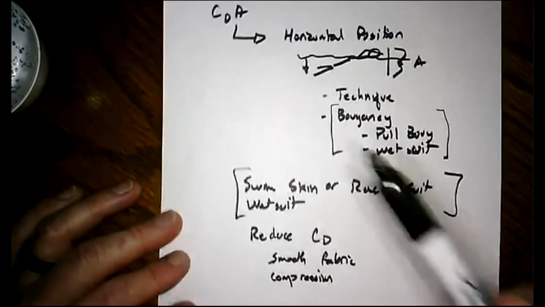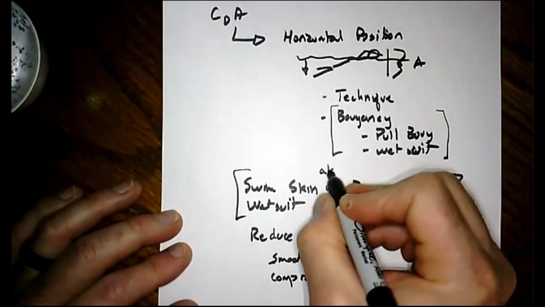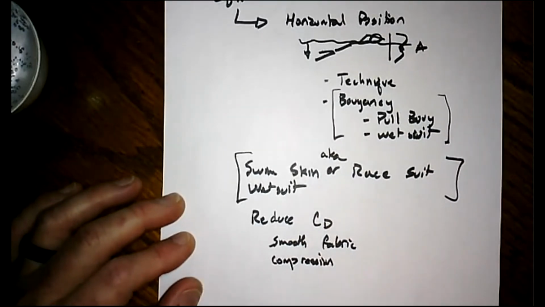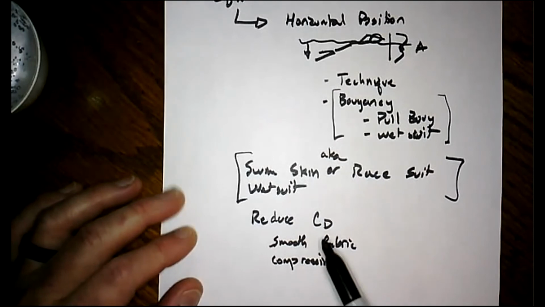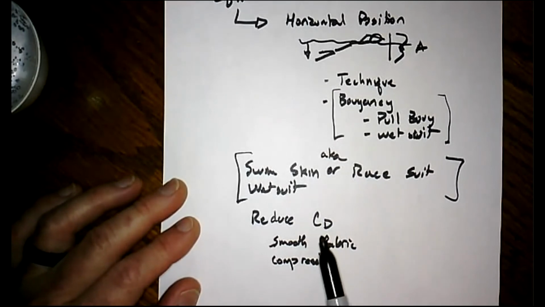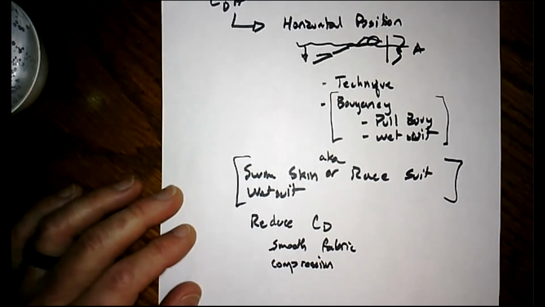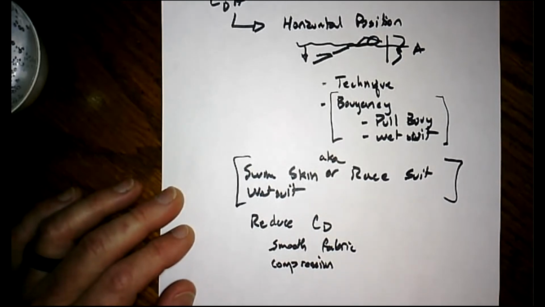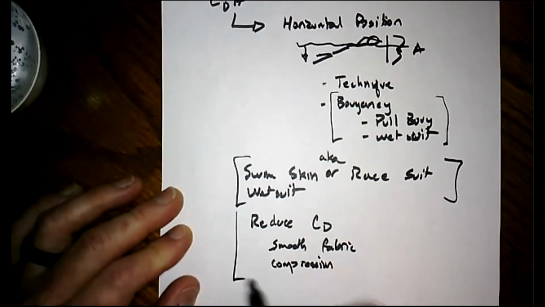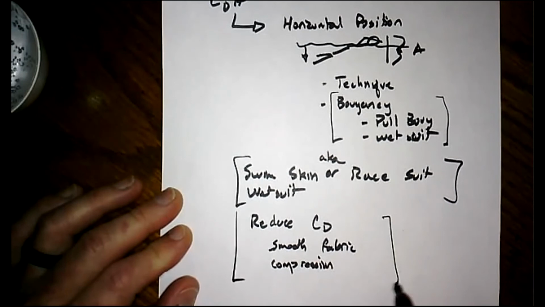And the race suit, I should have put AKA, really something you use specifically for race. Now, in training for swimming, often a swimmer will increase the CD by wearing loose fabric, loose clothing, and that therefore forces them to generate more propulsive force. So it's a little bit of a training technique. All right, but now we are focusing on reducing CD.